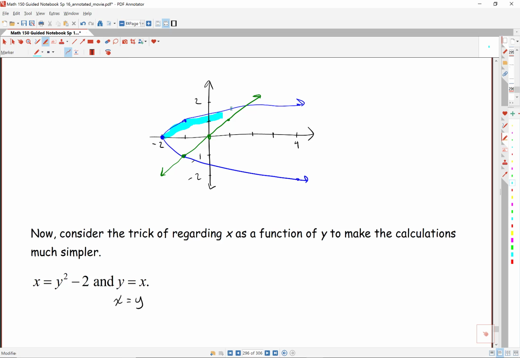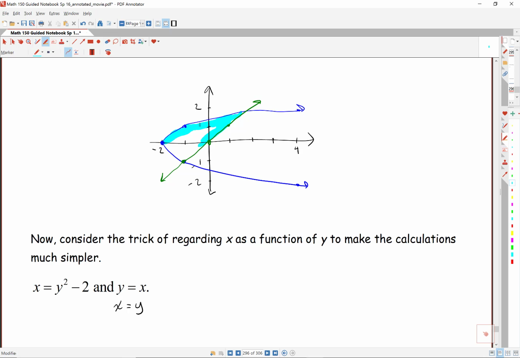And our region is this guy. Now, the trick to this one is going to be, we're keeping everything as a function of y.